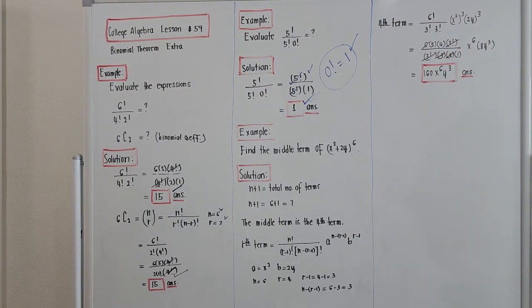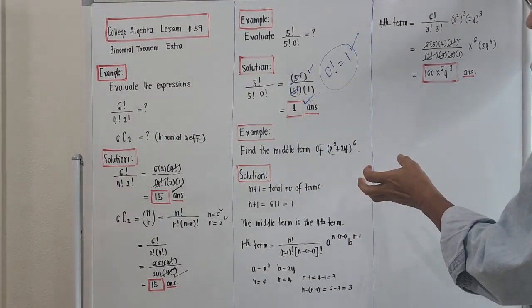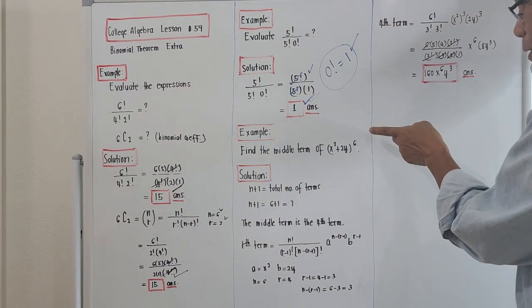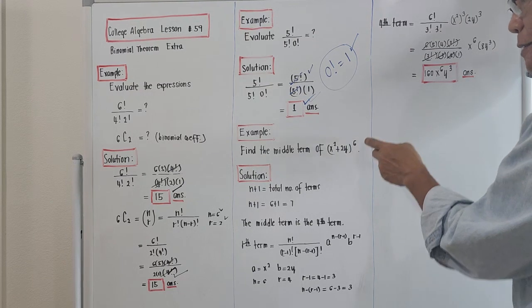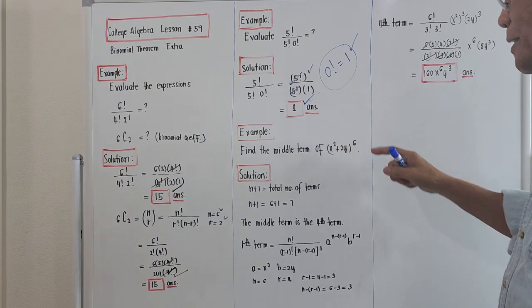Okay, last example for this morning. Find the middle term of the given binomial expression x squared plus 2y raised to the 6th power. The value of n is actually 6, right?